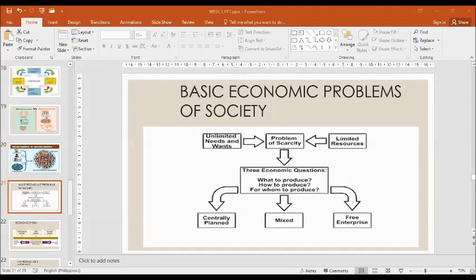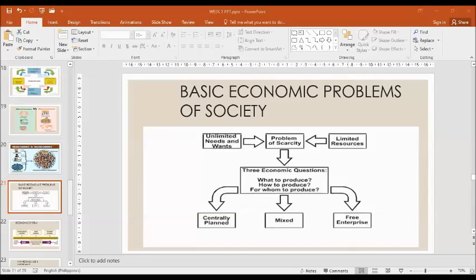Or should we produce more butter? Or do we need to invest in capital, in machines and equipment? How many machines or equipment do we need to produce? So that's the question.